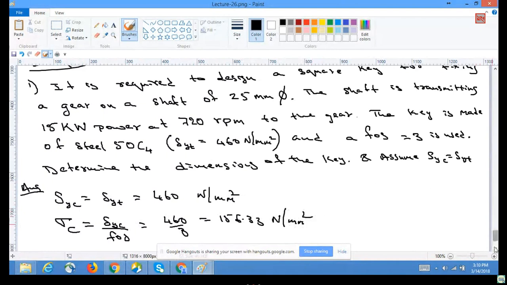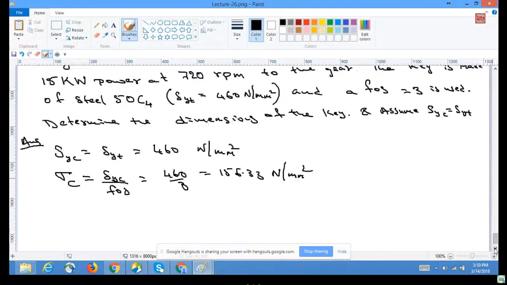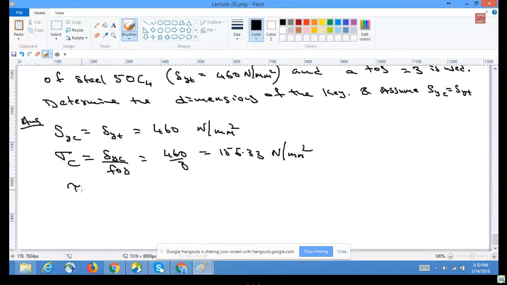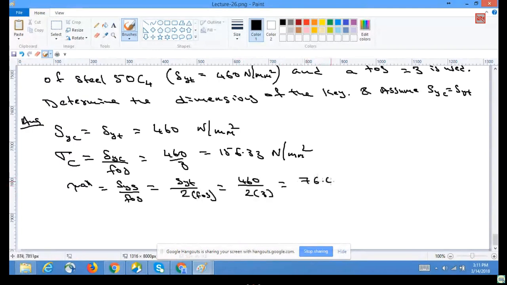And our tau allowable is equal to SYS by factor of safety, that is SYT by 2 times factor of safety, that gives us 460 divided by 2 divided by 3, that is 76.67 Newton per mm square.